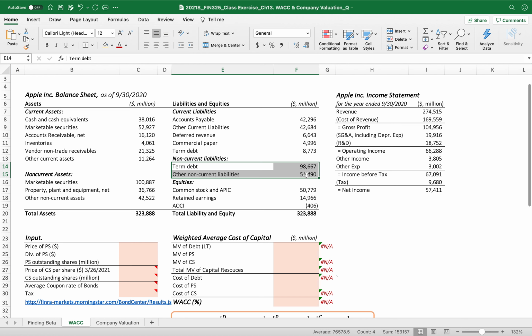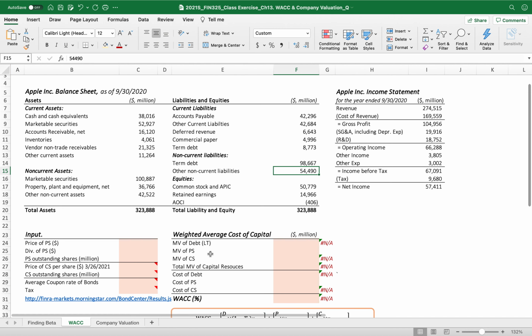Why do I use the book value? When it comes to debt, it is kept updated by the present value calculation, as we learned in financial accounting. So we can freely use the book value of the non-current liability, which is the long-term debt, as the market value of debt when we calculate the weighted average cost of capital.